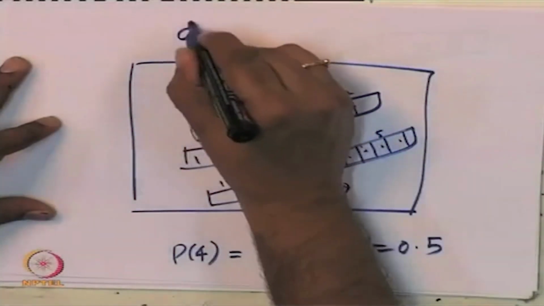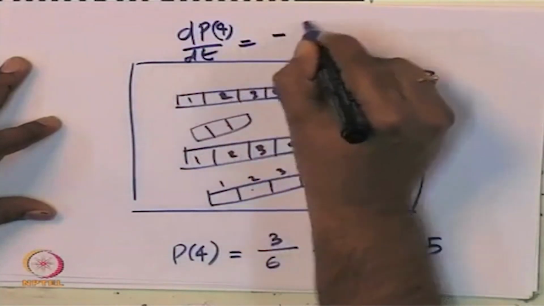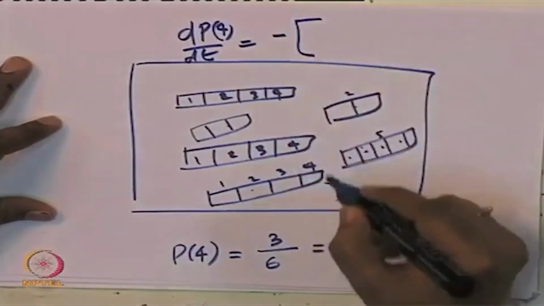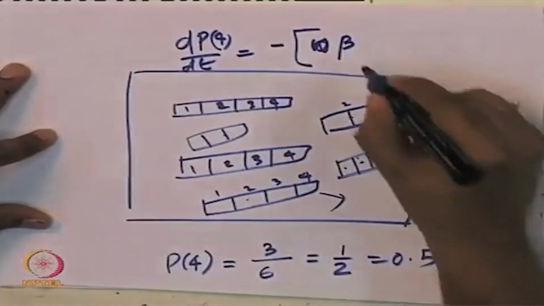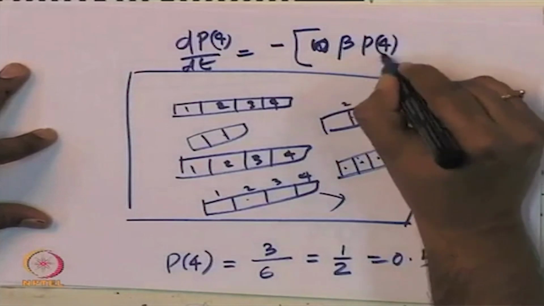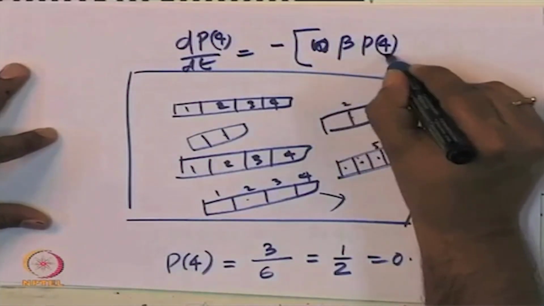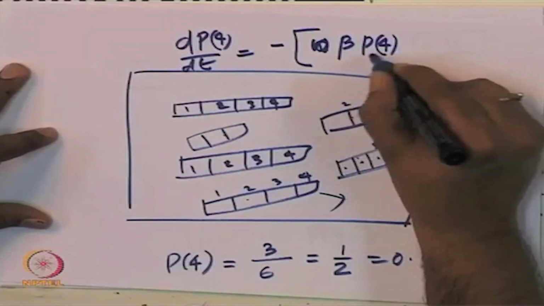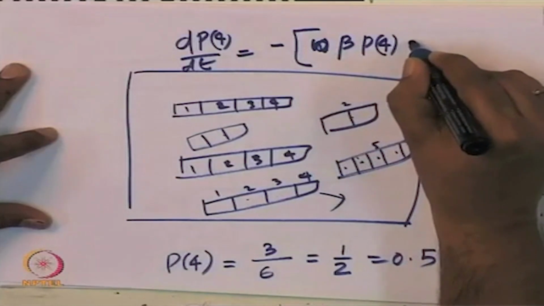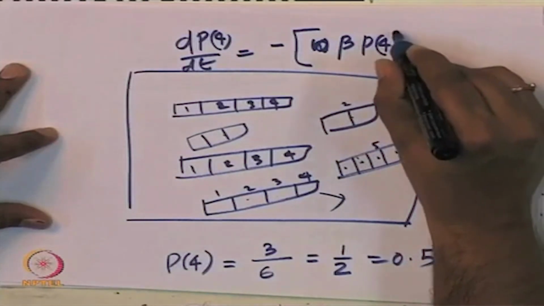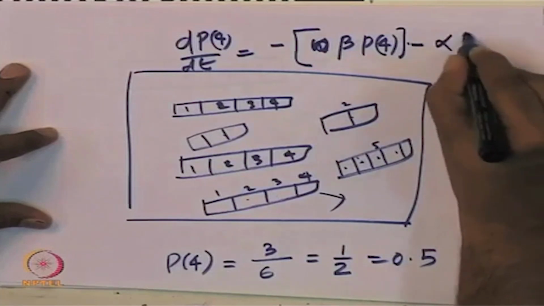So essentially dP4 by dt can decrease if there is a depolymerization, which is beta, and it is proportional to P4, because only if there is a filament with 4 can you go away from it. You can also go away by alpha.